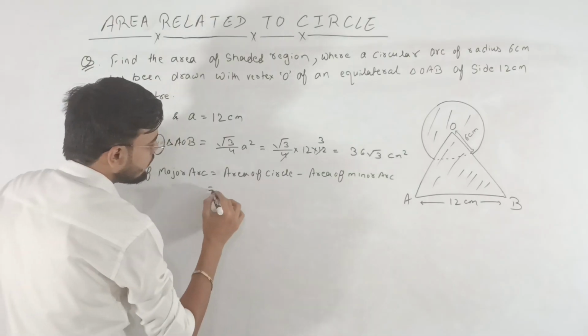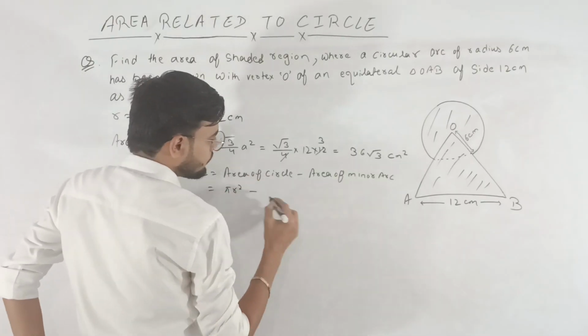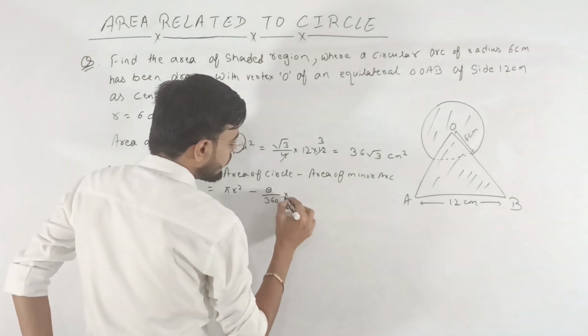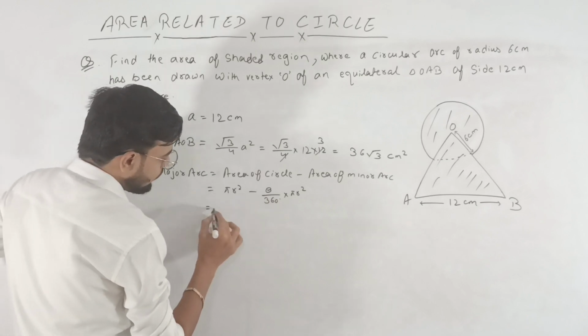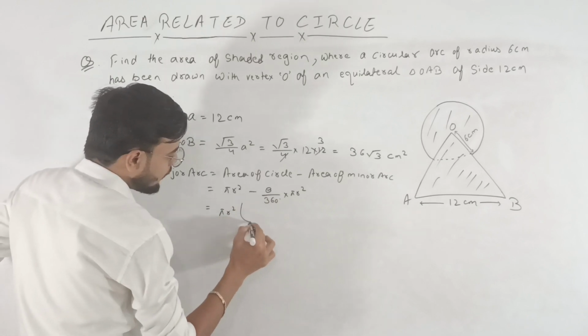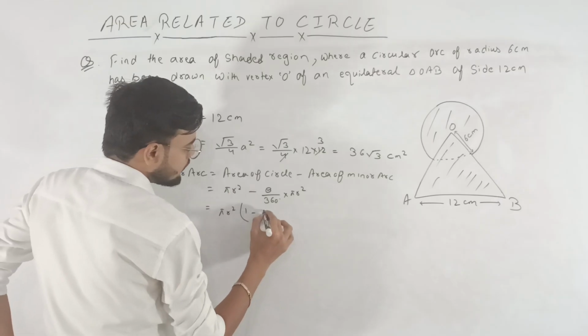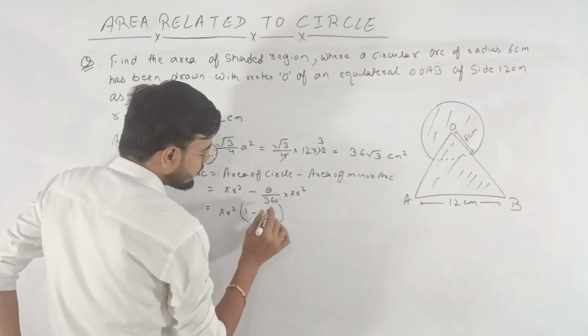Now area of circle is pi r square, minus area of minor arc, which is theta upon 360 degree into pi r square. Now from this we take pi r square as common, then we are left with 1 minus theta upon 360 degree.